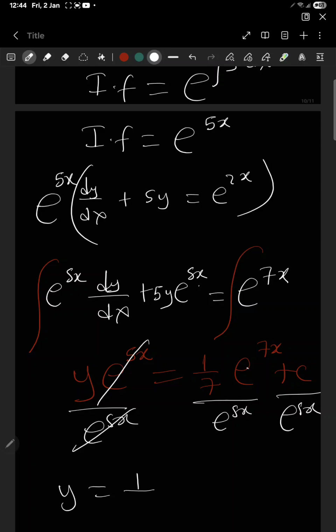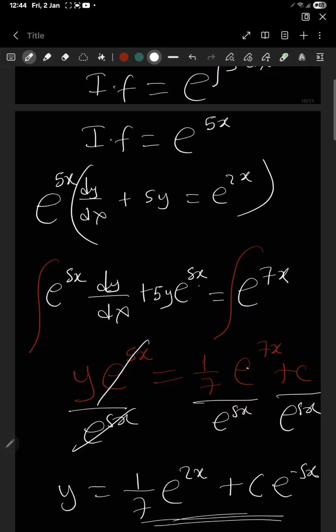So you're going to have 1 over 7 e to the power 2x, and then plus c, we take this e to power 5x on top, which is going to be e to power negative 5x, like that. So this is going to be your answer. All right. So basically, that's how you solve the linear differential equation.